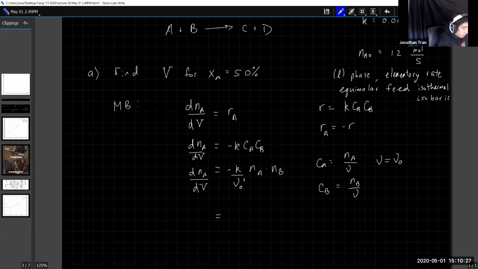Fortunately, the only V we have is this differential V. So times negative K over nu naught squared. And then I'm going to move both of the NAs over to the left side. So we're going to get, sorry, NA and NB, DNA over NA times NB.